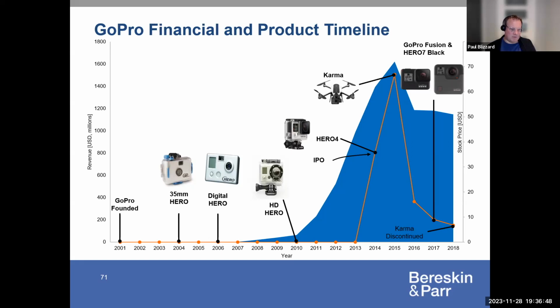In 2004 to 2006, there was the digital Hero camera. Then you see the increase around the time their HD version became available in 2010, and their revenue went up very significantly. They've added other products in the same time, including drones.